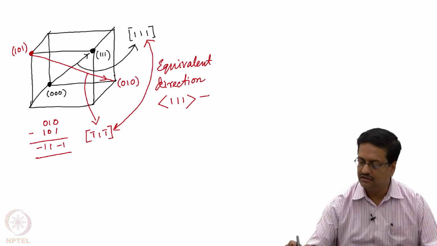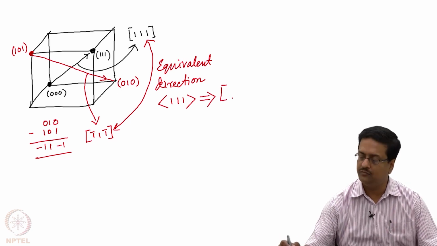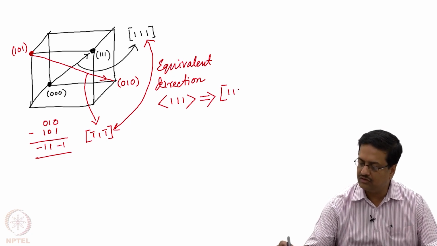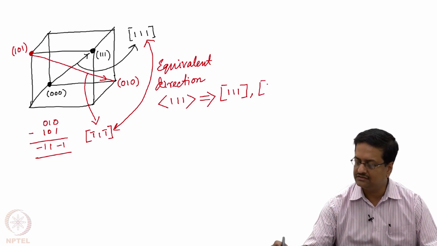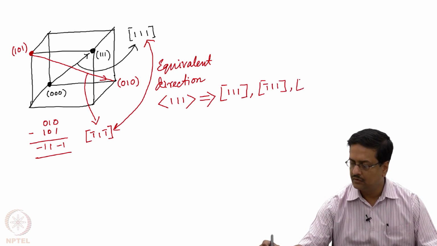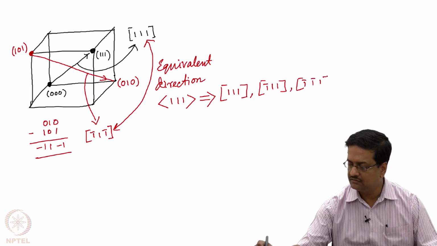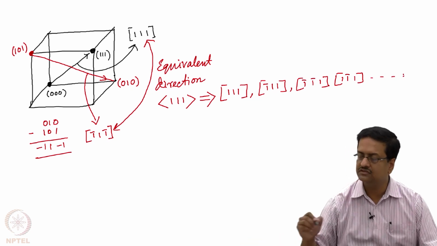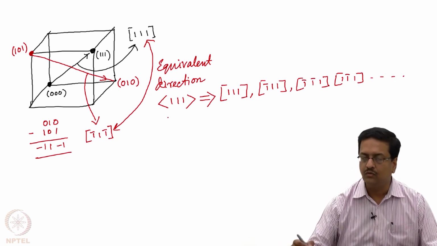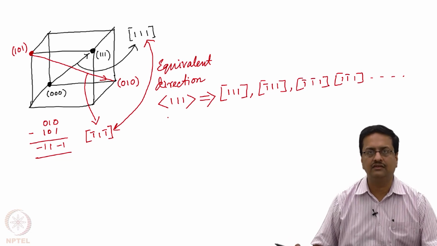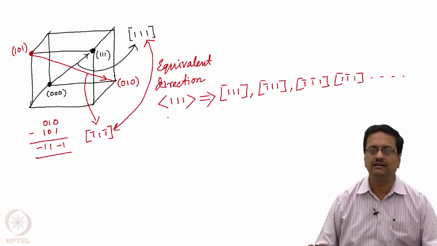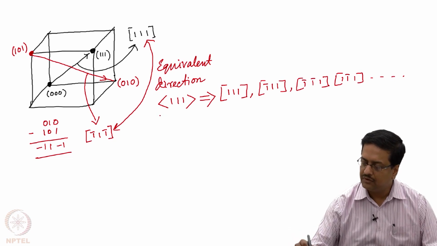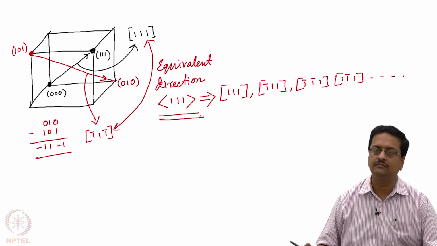It means that you are referring to all the directions which can be formed by combination of 1, 1, 1 with plus and minus signs on each. So 1 bar, 1, 1; 1 bar, 1 bar, 1; 1, 1 bar, 1, and so on. All possible combinations would represent one or the other body diagonal having different directions, and they are called the equivalent directions.